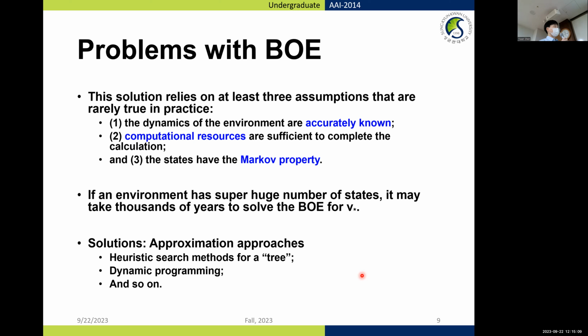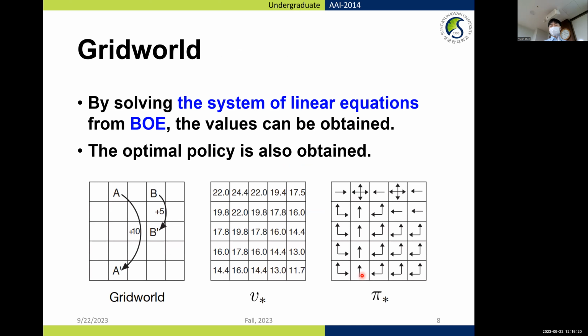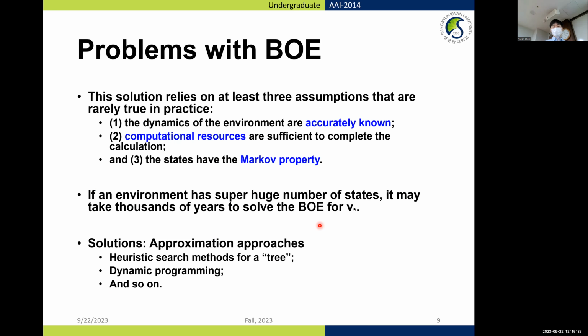And the computation resources need to be sufficient, because every time we need to calculate the linear equation. If the state space is super huge, and this linear equation has a very large size, then you need to calculate one by one, and it costs a lot of time.